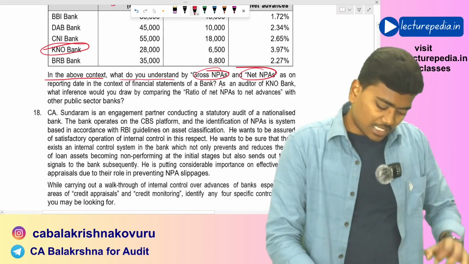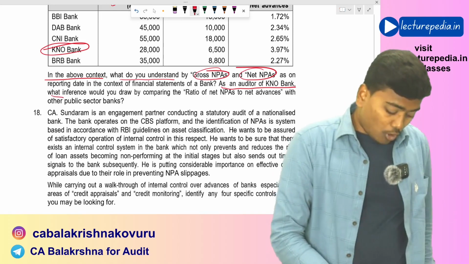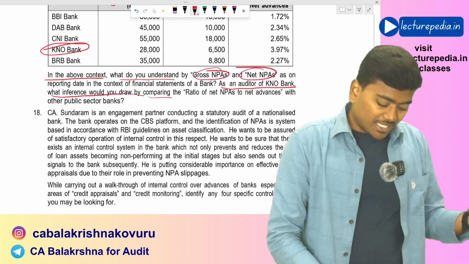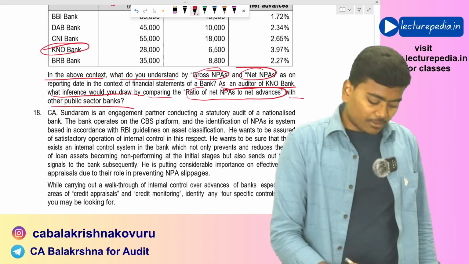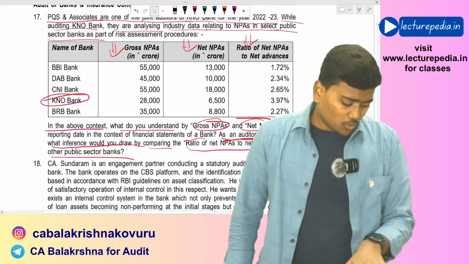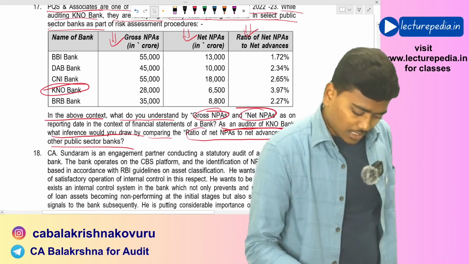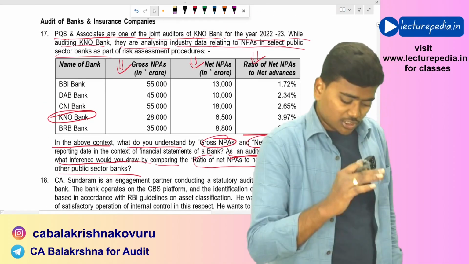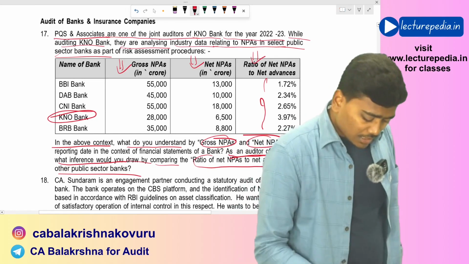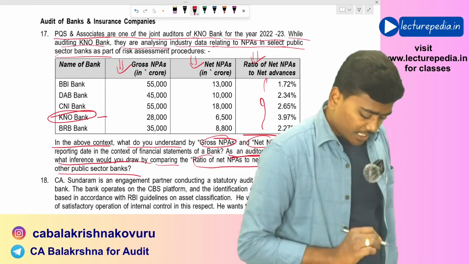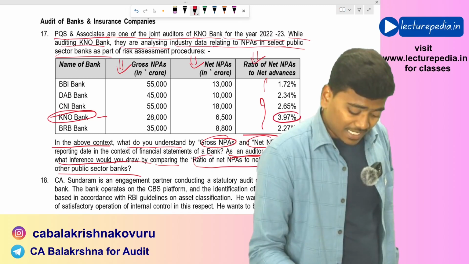Still, what they're asking, as an auditor of Canva Bank, what inference would you draw by comparing the ratio of net NPAs to net advances with other public sector banks? Now, they're asking you what analysis you can make by seeing these ratios. If you see the ratio, Canva Bank is 3.97%.